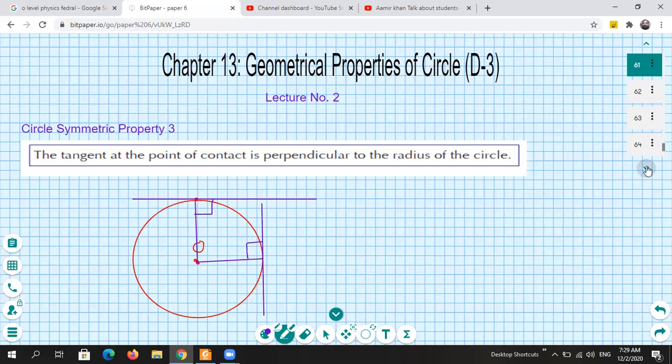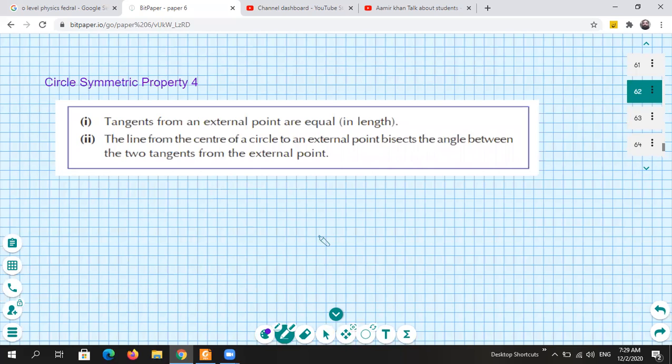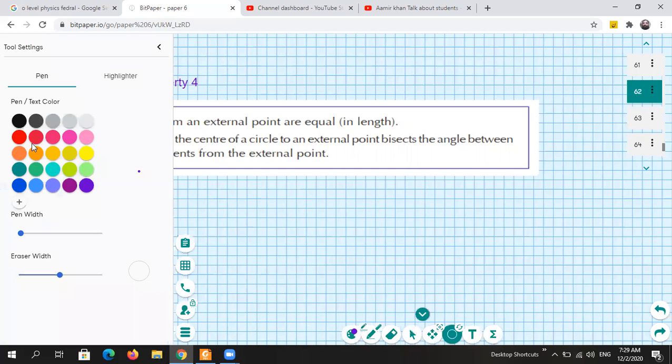Hope you understood this. Okay, next, property number 4, and it has 2 points. The first point says tangents from an external point are equal. So suppose we have a circle.